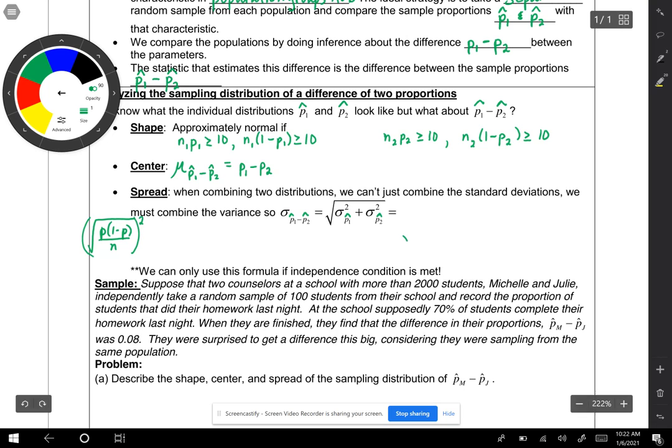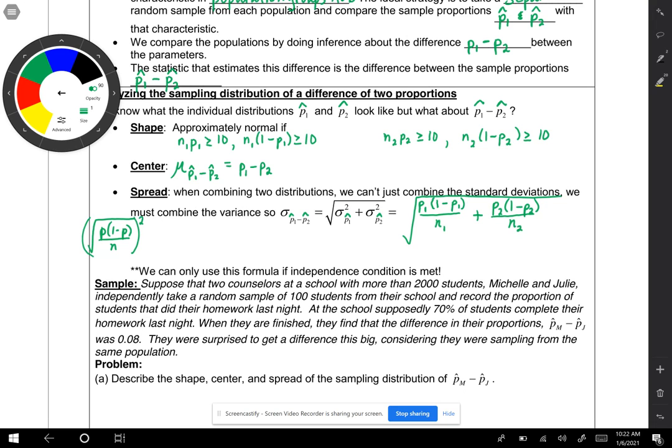So here's our formula. Okay, so you have population 1 proportion. So P1 times 1 minus P1 divided by sample size of the first group plus P2 times 1 minus P2 divided by sample size 2.